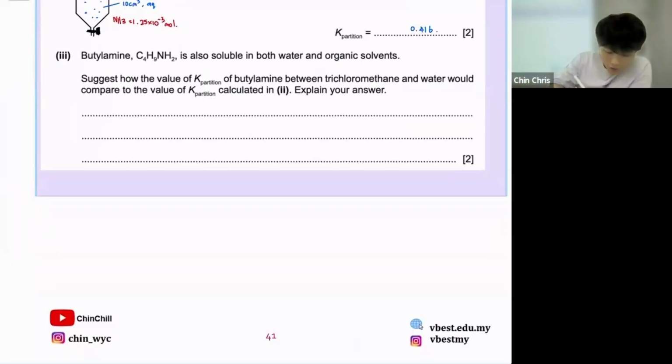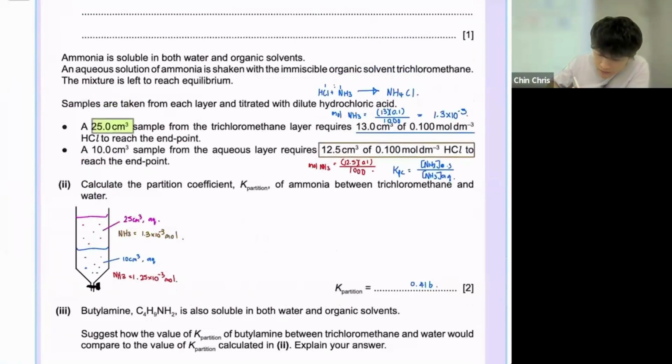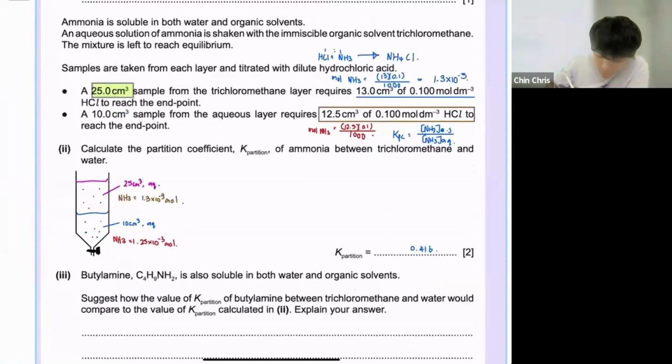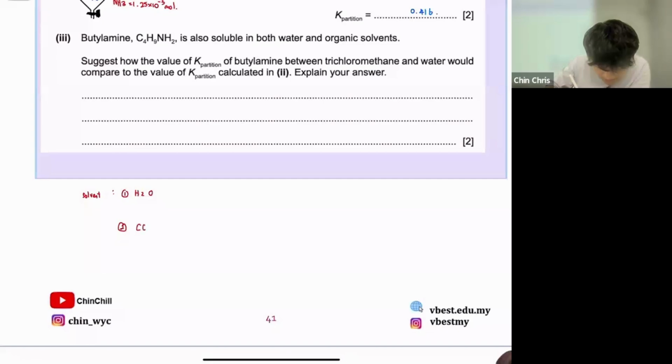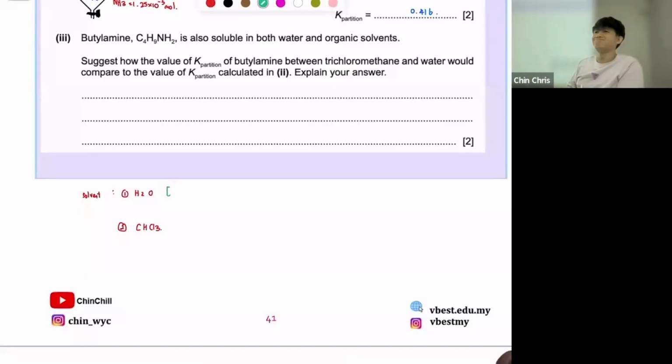Okay, guys, now let's look at our solvent first. What are our solvents? I have H2O, correct? And the second solvent is trichloromethane, CHCl3. Okay? Guys, recall AS knowledge: IMF.